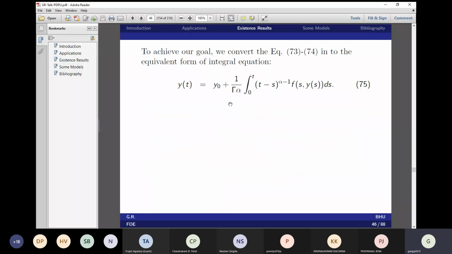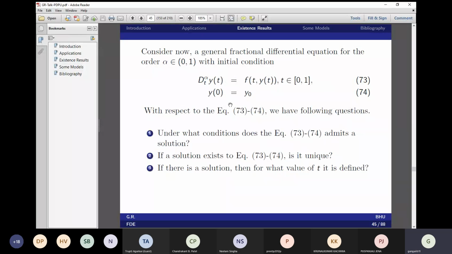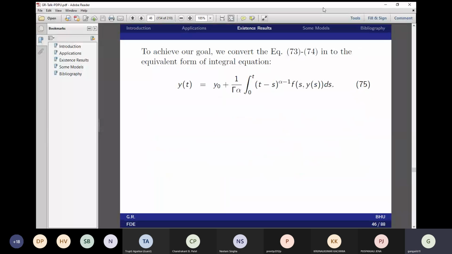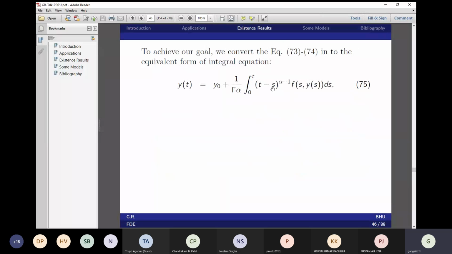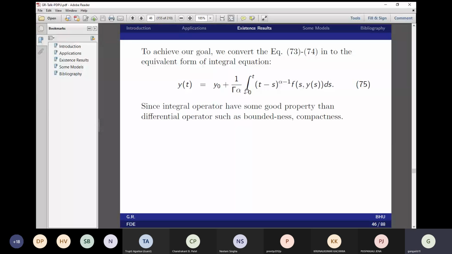So what will we do? First of all, we will achieve our goal by converting this system into an integral equation. Why do we convert the differential equation into an integral equation?